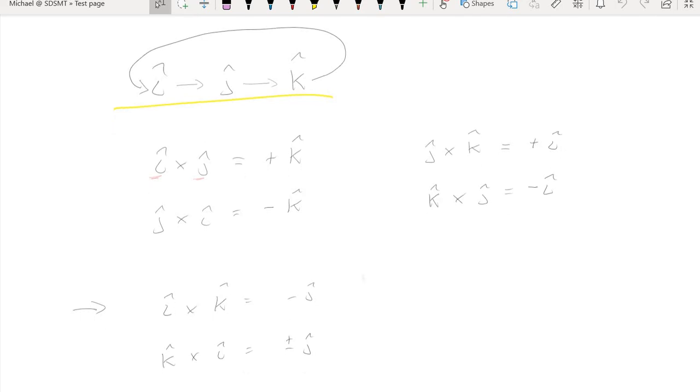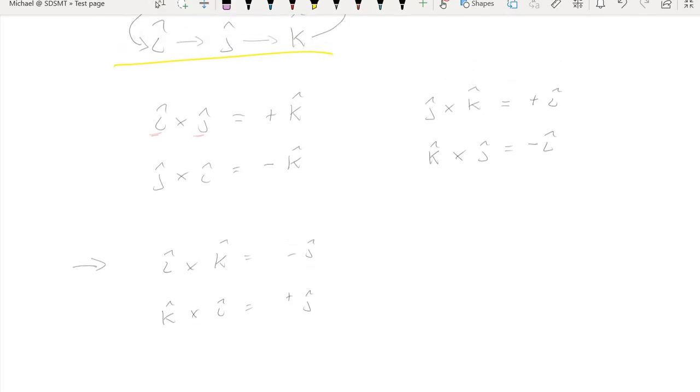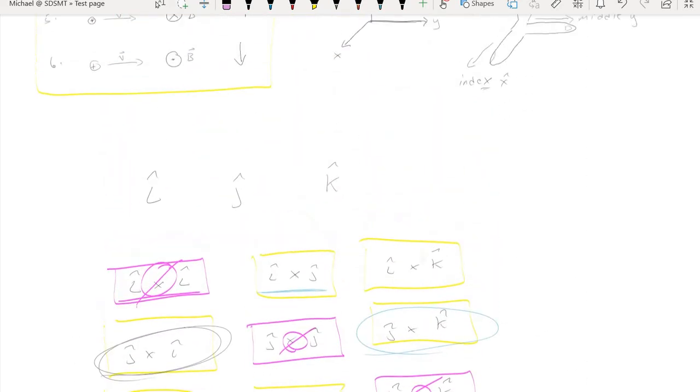Next time, won't you sing with me? We start over. And so this outcome is going to be a positive J. And this is everything that we need to know to evaluate the cross product of all of these vector combinations up here.